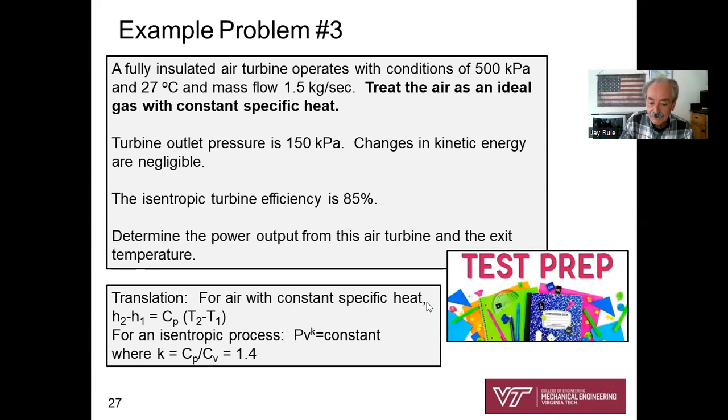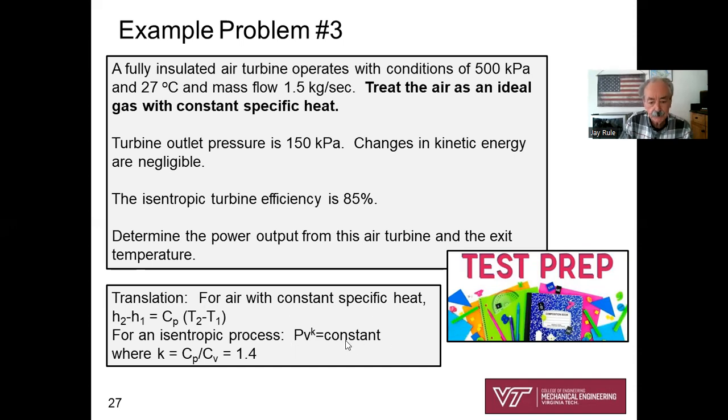Well, with constant specific heat ideal gas, H2 minus H1 equals Cp times T2 minus T1, because Cp is constant. Integral Cp dT. Okay, got it. We know that by heart; we don't need to get this off a formula sheet, if we've done enough problems.